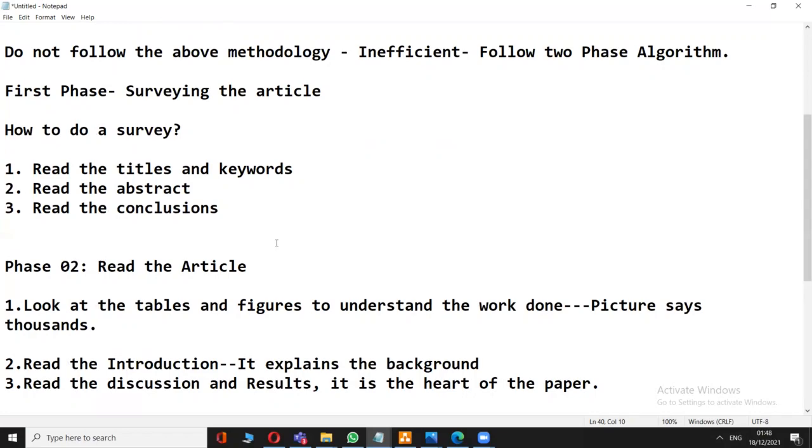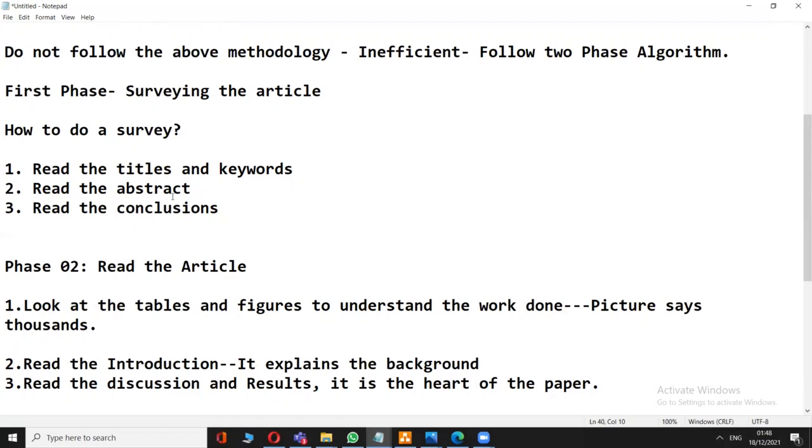Anything like that, you can just use as keywords. I will show you that demonstration after finishing this explanation. Then the first thing, you have to identify how to do the research survey. Get only the titles and the keywords, which give the overall idea about the research paper.